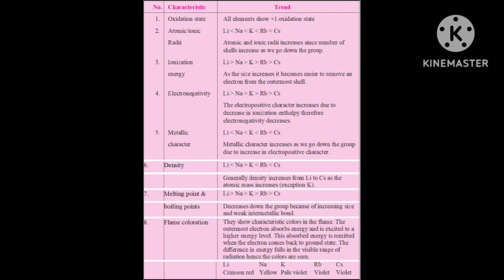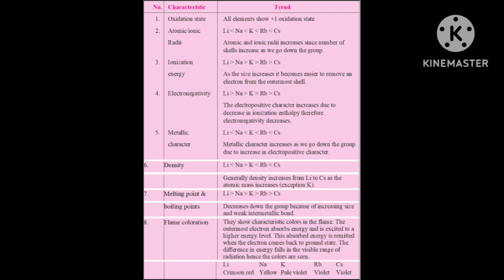In terms of decrease in bond enthalpy, we can explain the reasoning.